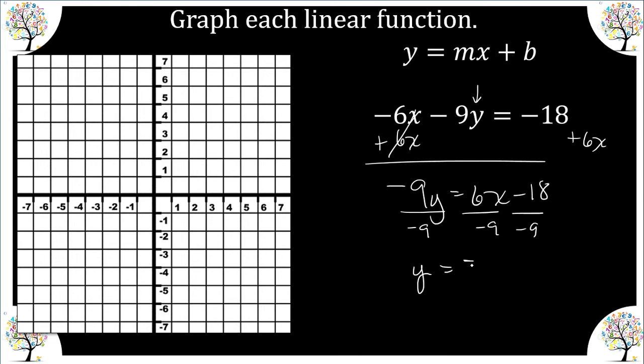I'm going to bring the negative to the top, and this simplifies by a factor of 3. Negative divided by negative is positive. So we're going to start at 0, 2, and our slope is down 2, right 3. Down 2, right 3. Or we could go up 1, 2, and left 1, 2, 3.